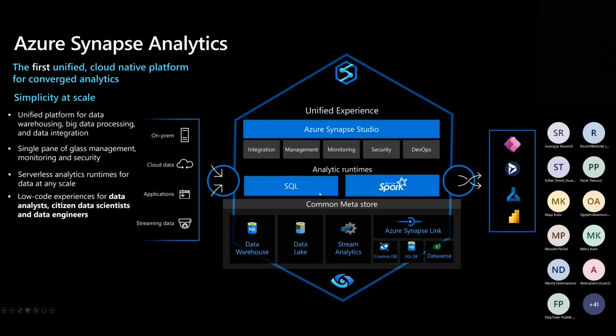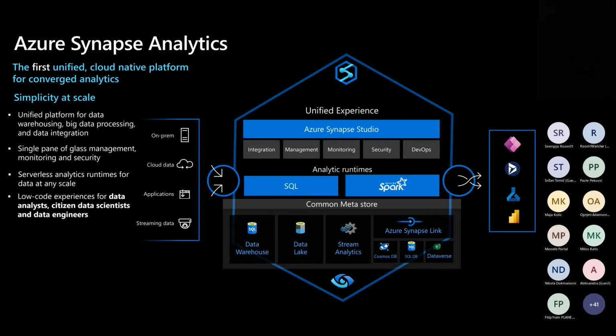And runtimes for both structured SQL relational data and unstructured or semi-structured big data. So runtimes for SQL and Spark Analytics for the big data combined into one with seamless interoperability between these runtimes, and a low code experience for data analysts, citizen data scientists, and data engineers.